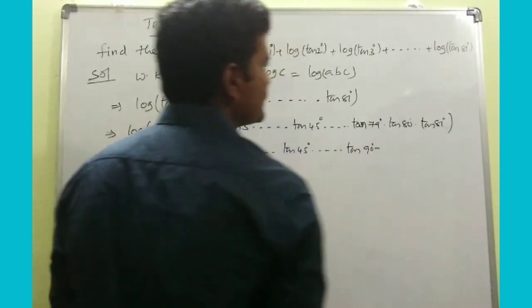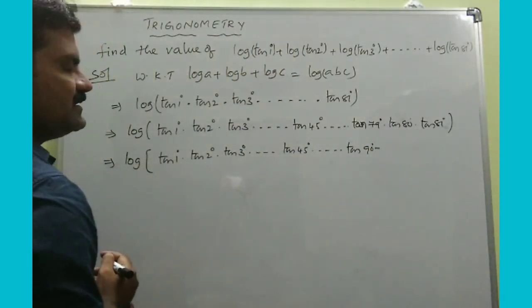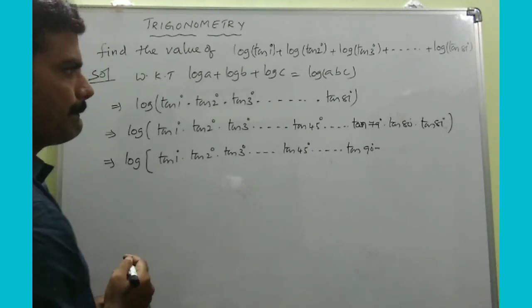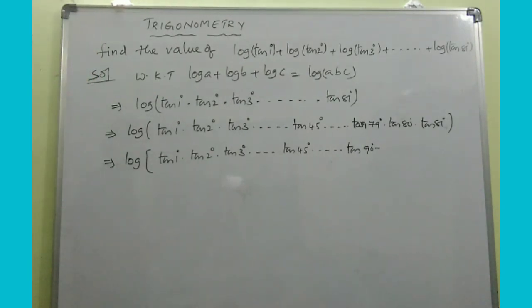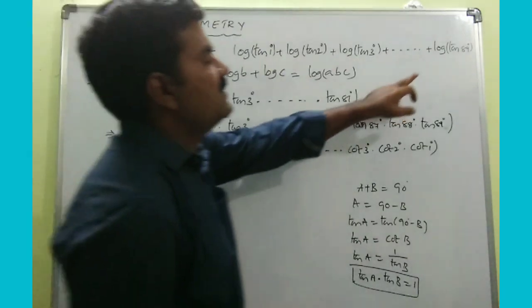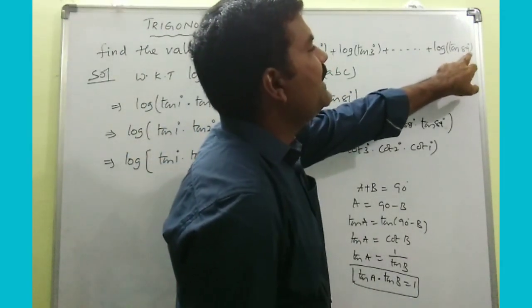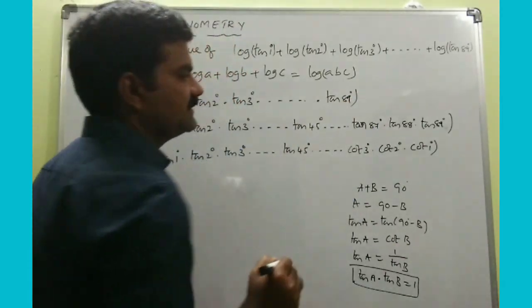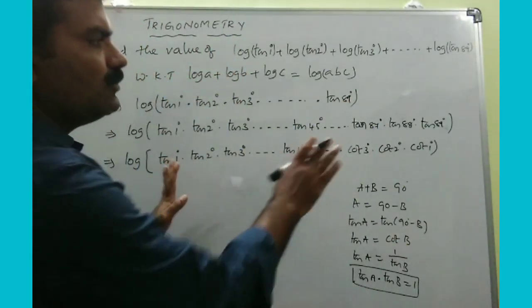Can I write it as 90 minus... so this is not 81, it is 89 degrees. Please change it to 89 degrees. Okay, so till here no more change.